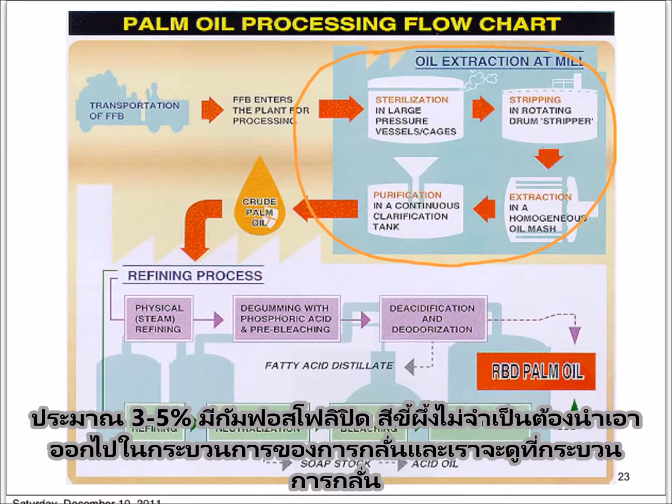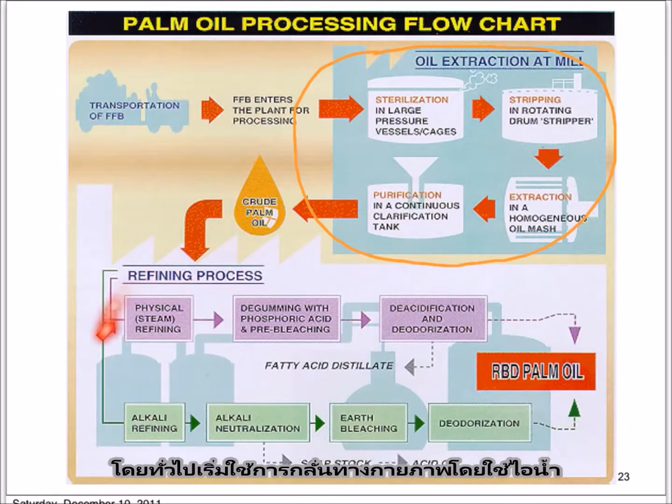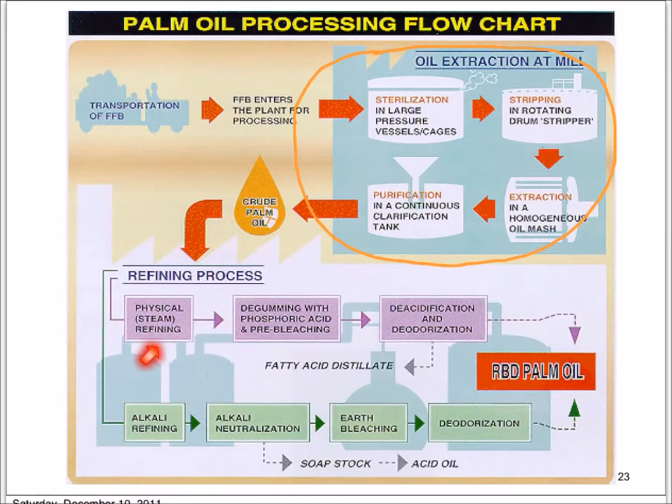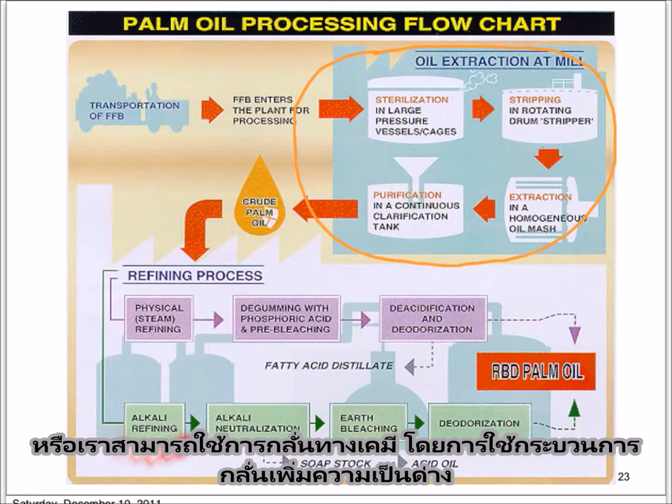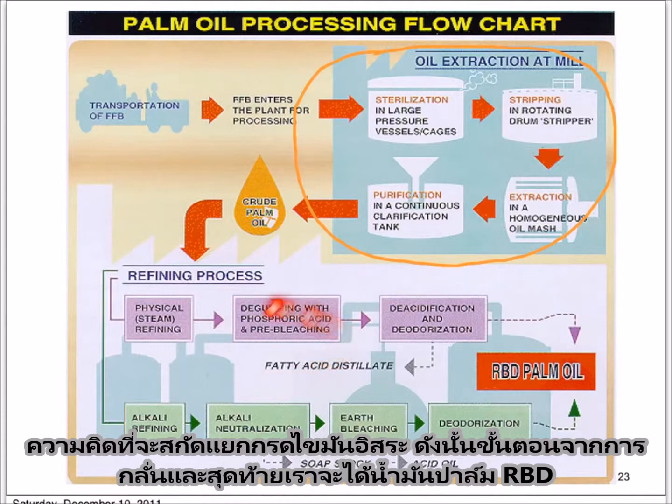And we will look at the refining process later, but basically we can use physical refining by using steam, or we can use chemical refining by using an alkaline process. But both, whether physical or alkaline refining, the idea is to remove the gums or phospholipids, free fatty acid.